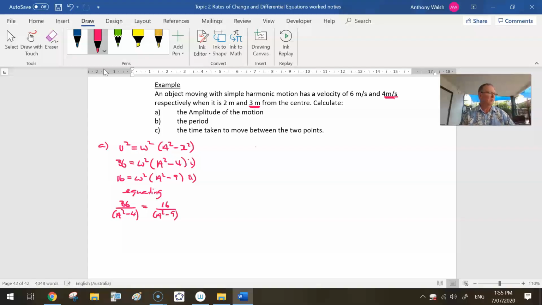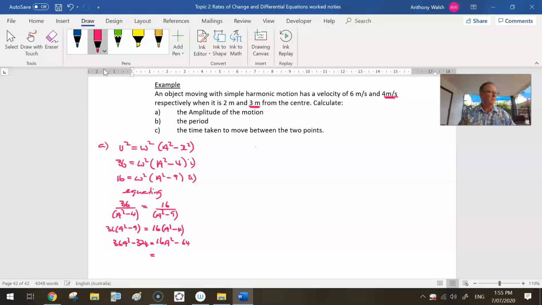So here's my one equation with A only as the unknown. So if I rearrange that, on the left-hand side, I would have 36 by A squared minus 9, and the right-hand side, I have 16 by A squared minus 4. Okay, expand the brackets, that would be 36A squared minus 324, would you believe? 36 by 9 would equal on the other side 16A squared minus 64.